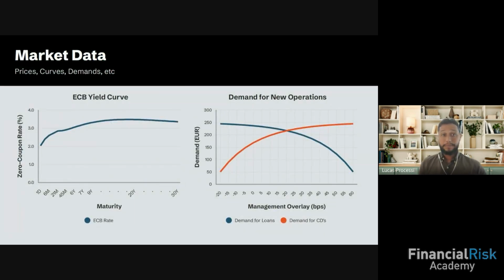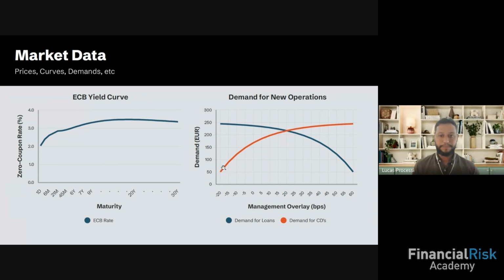All right, so in terms of market data, we are supplying the model with prices, with curves. So this is the ECB yield curve that is being supplied to the model. And we are also supplying demand curves. So these are only two examples of demand curves that are being created.